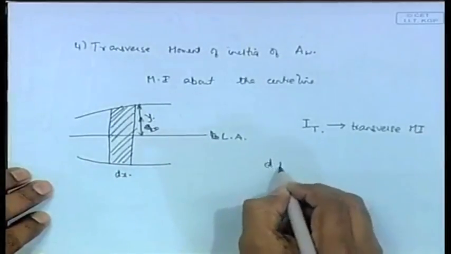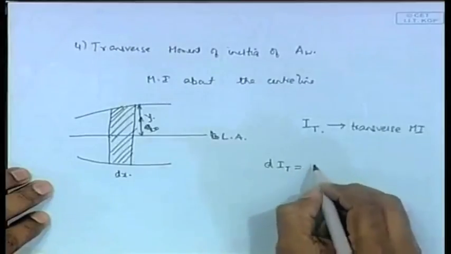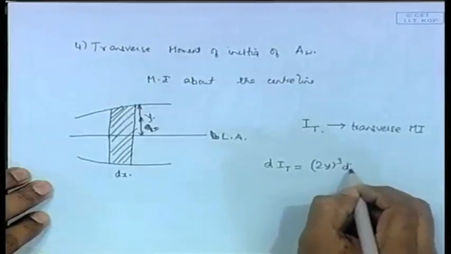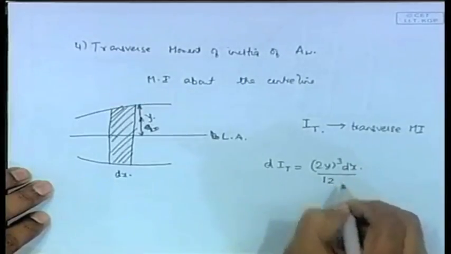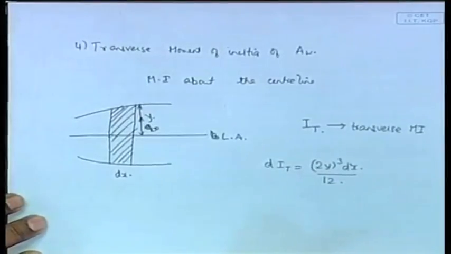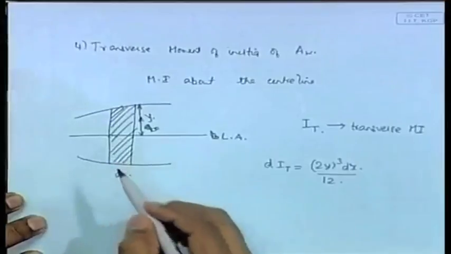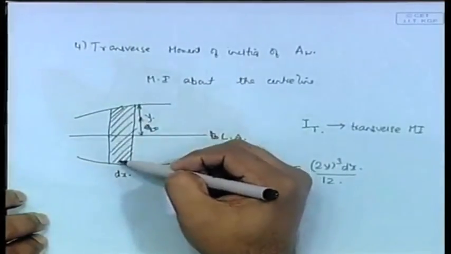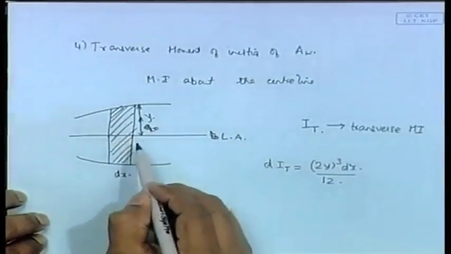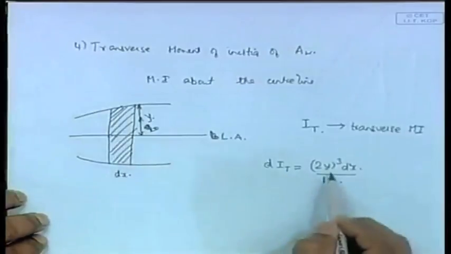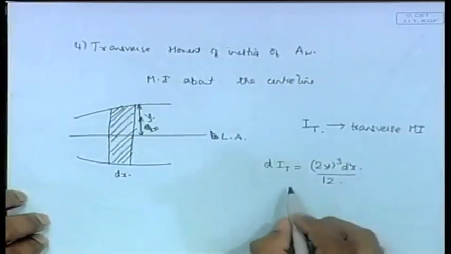So dI will be 2y cubed into dx divided by 12. It is a rectangle and the moment of inertia about this point you know already: this length cubed multiplied by that length, divided by 12. So this total length is 2y, and 2y cubed into dx by 12 gives you dI.